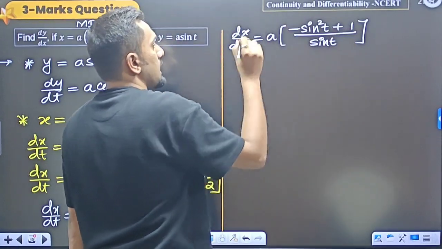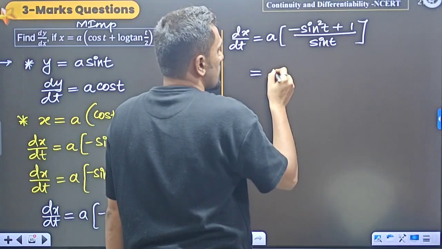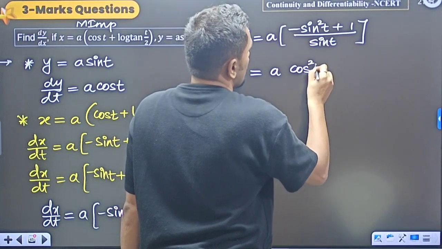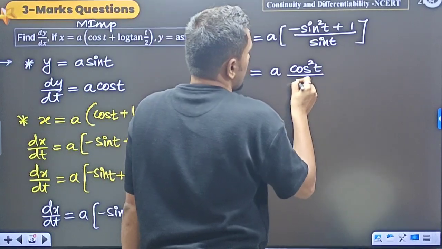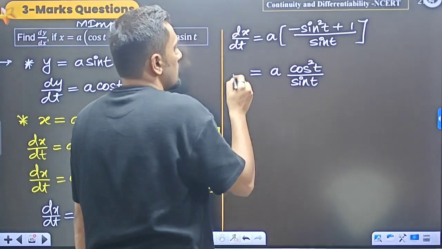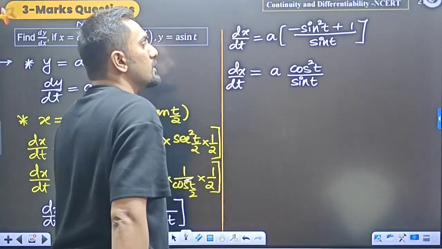So 1 minus sin square t will be cos square t, so a into cos square t divided by sin t, and this is nothing but dx by dt.